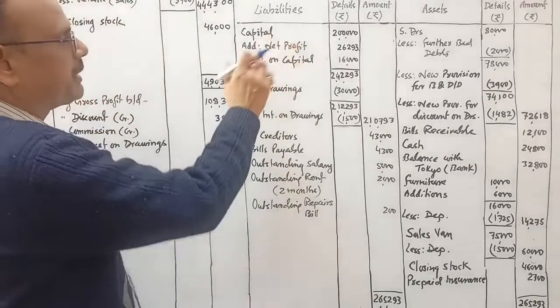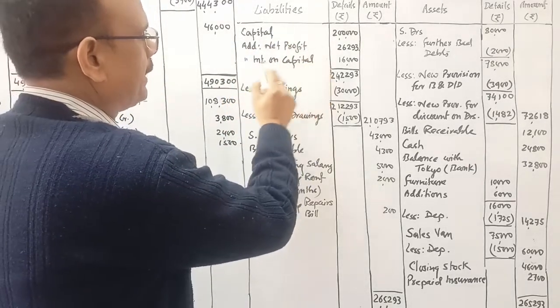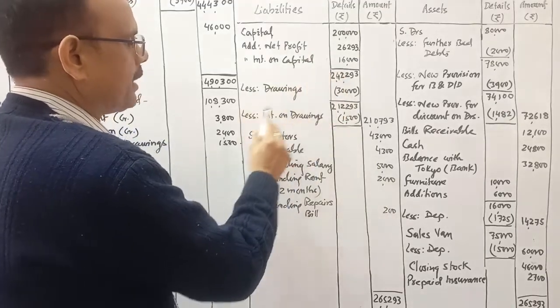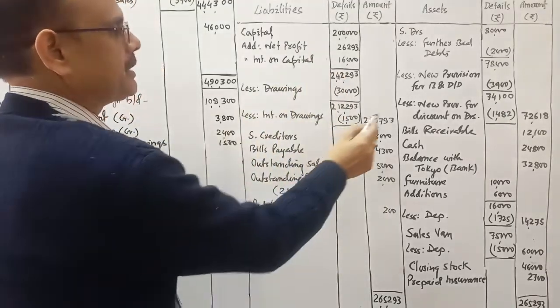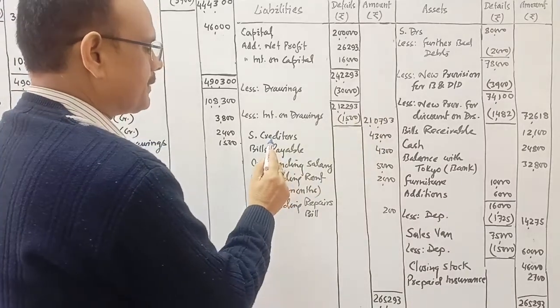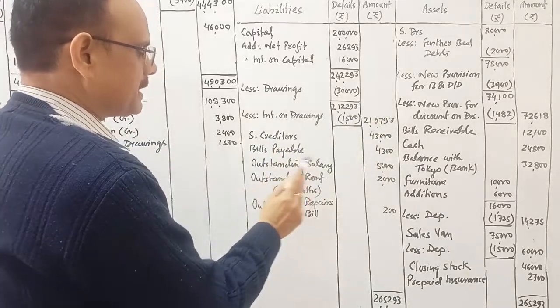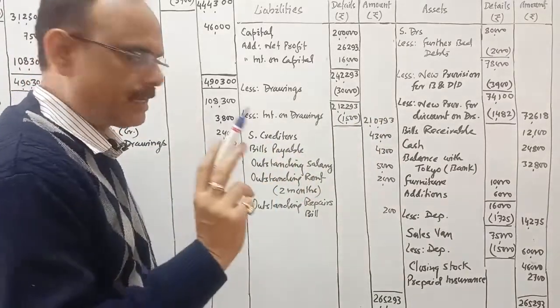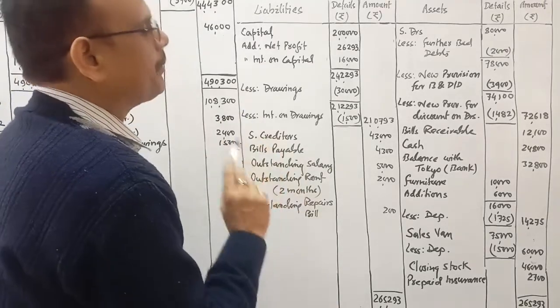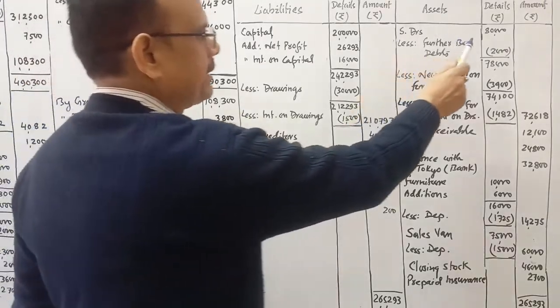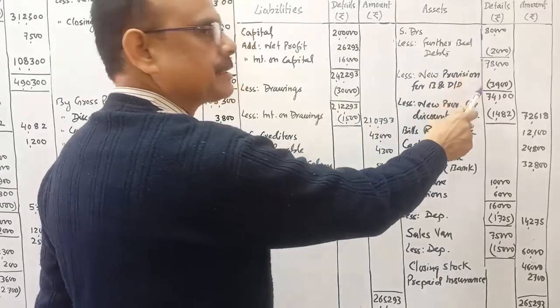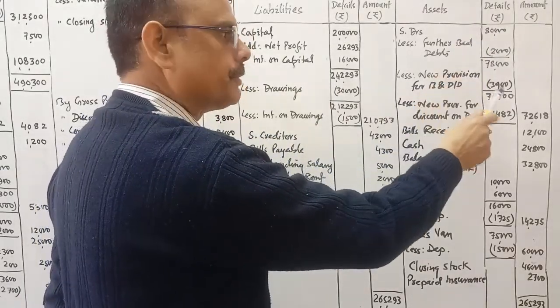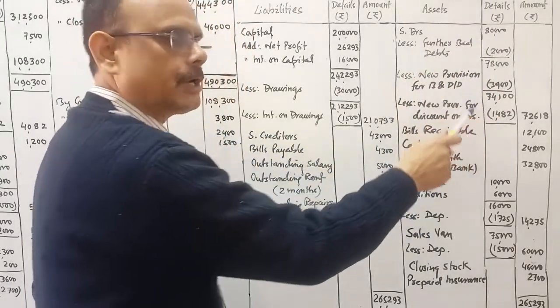So all these items are clear. Capital, add net profit, add interest on capital, less drawing, less interest on drawing. So this is the closing capital. Thereafter sundry creditors, bills payable, outstanding salary, outstanding rent of 2 months, outstanding repair bills. This side debtors, less further bad debts, less new provision for bad and doubtful debts, less new provision for discount on debtors.